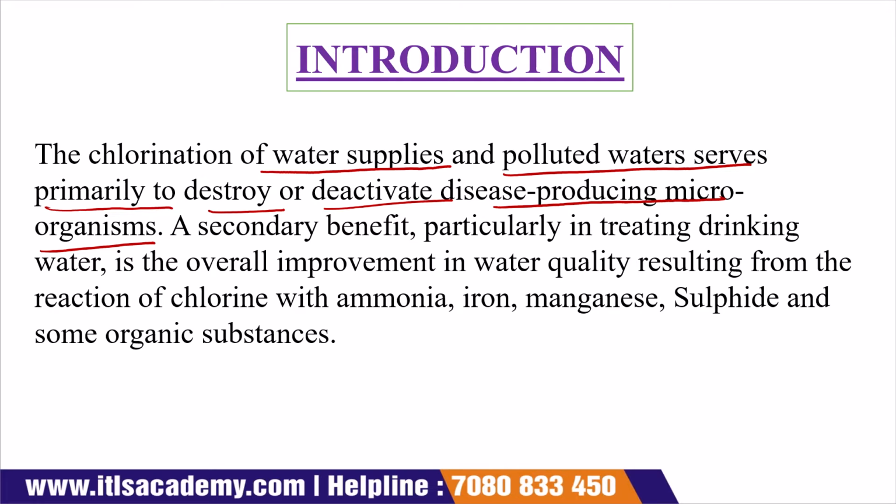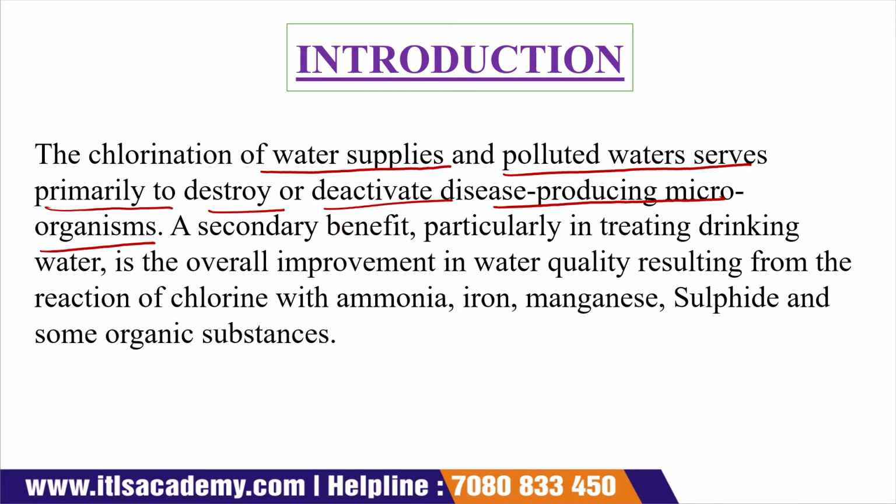Another benefit of chlorination is that when we treat drinking water with chlorine, it ultimately improves the quality of that water. The chlorine reacts with ammonia, iron, manganese sulfide and organic substances present in the drinking water.